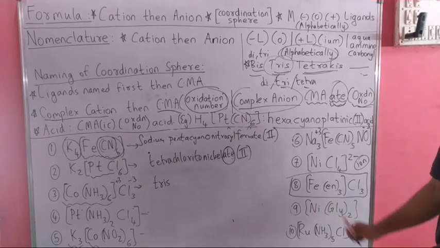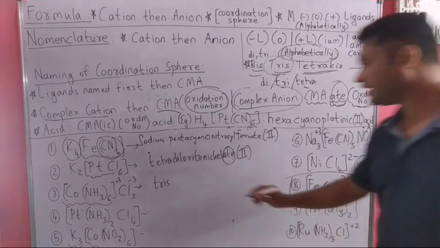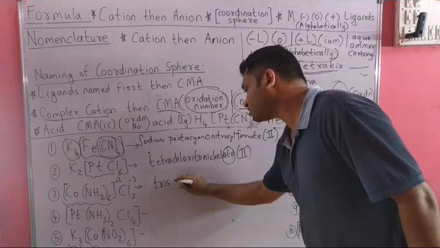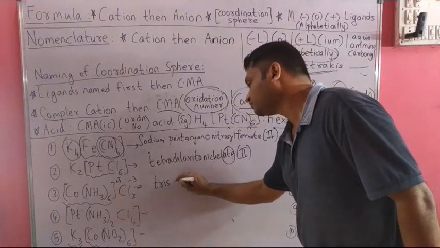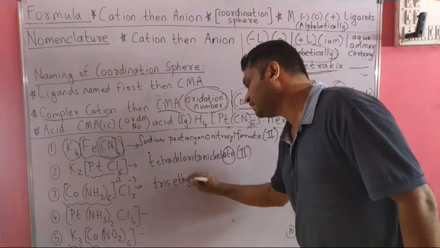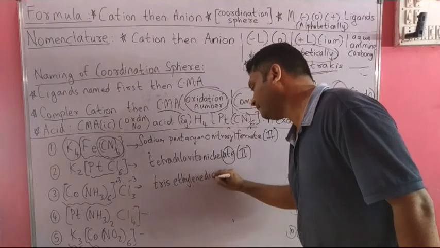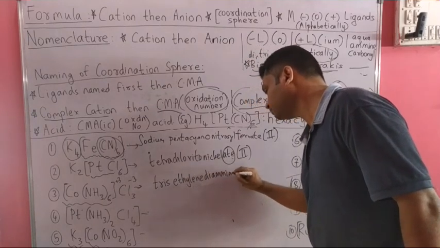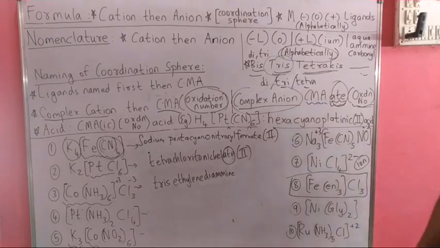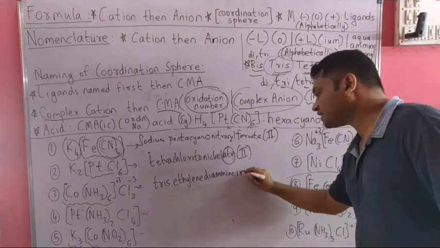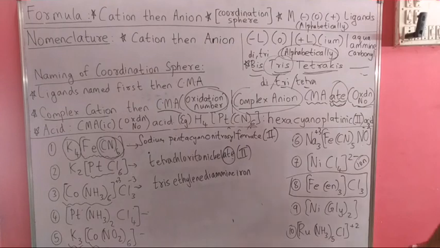Tris. Then we have the complex cation. So we will write tris ethylene diamine iron. What is, in this case, iron is the metal atom.